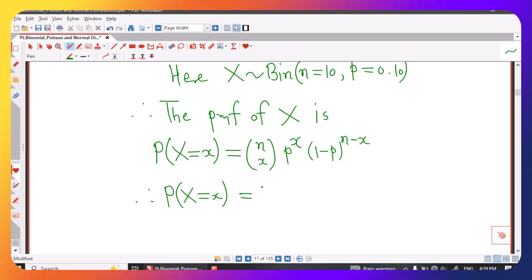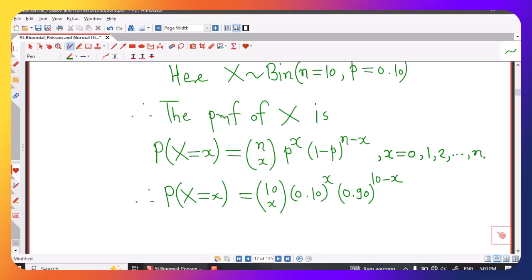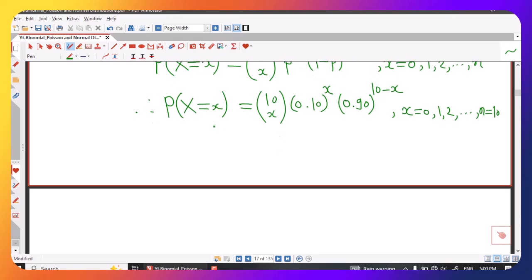We have n equal to 10, so 10Cx, p is 0.10, 1 minus p is 1 minus 0.10, that is 0.90, and 10 minus x. The possible values of x are 0, 1, 2 up to n equal to 10. So this is the general formula for the probability of x heads in n equal to 10 trials.